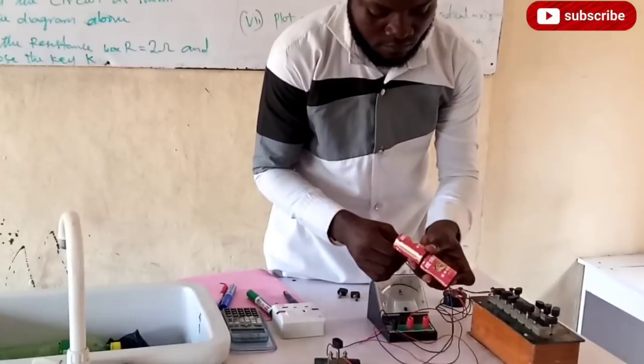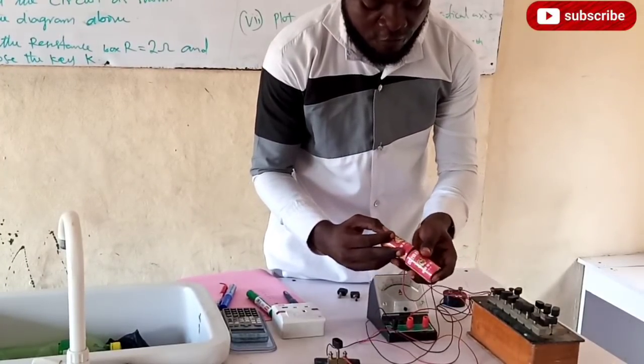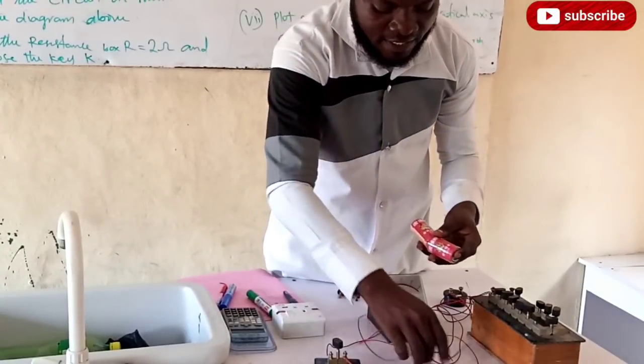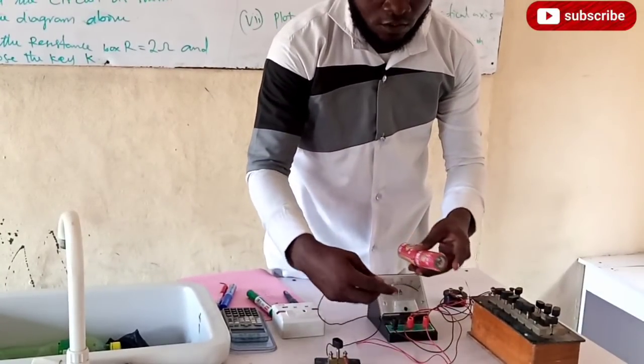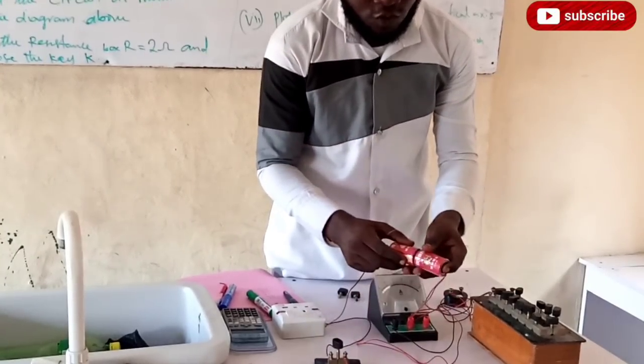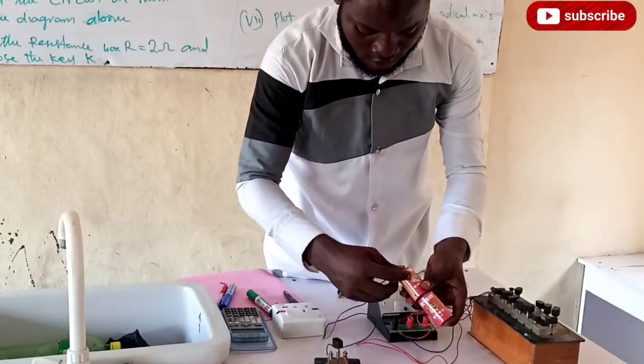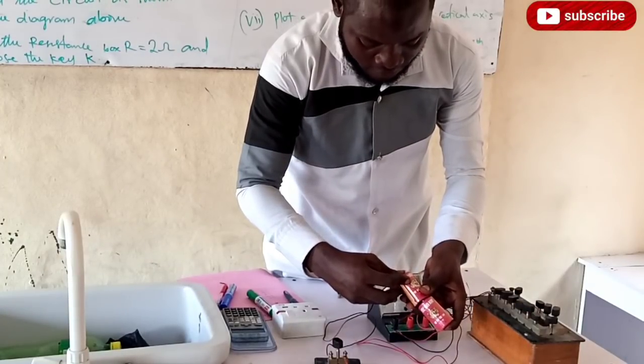Sorry. So better still, if you have a sellotape, you can just use it to clip your negative pole to the battery. The masking tape will do that.